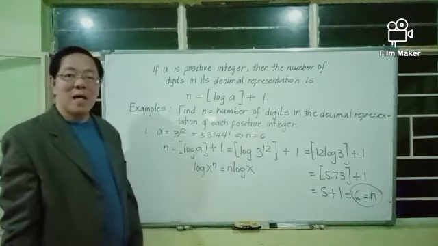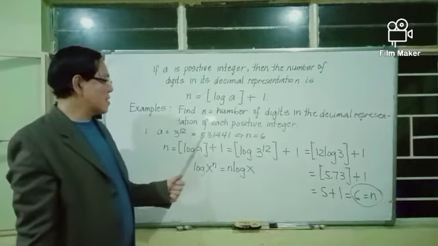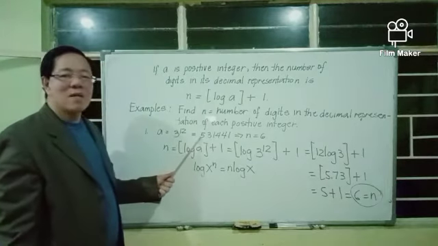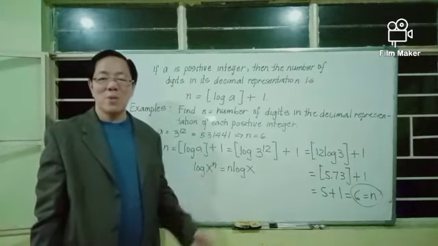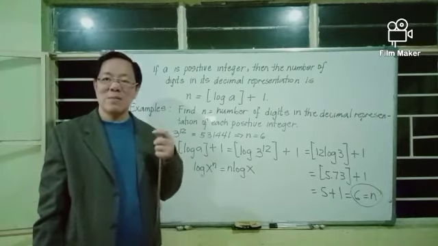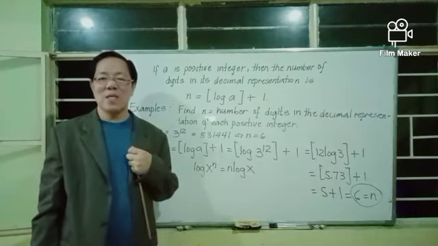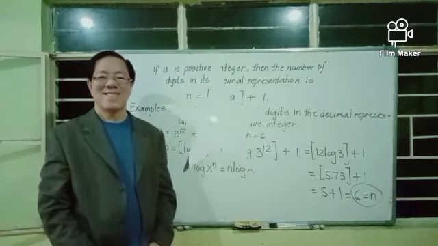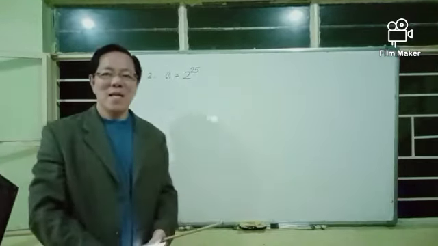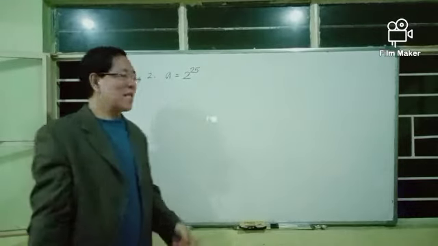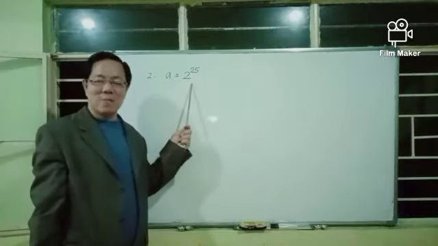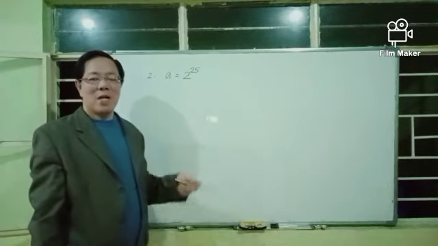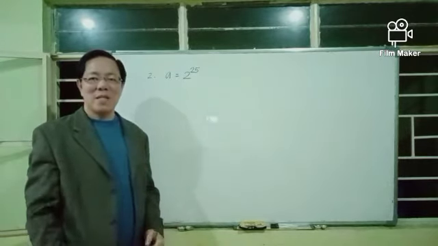And we can find the number of digits in the decimal representation of a positive integer without actually writing the decimal representation of the positive integer. We take another example. We find the number of digits in the decimal representation of the positive integer 2 raised to 25, and we apply the greatest integer function.